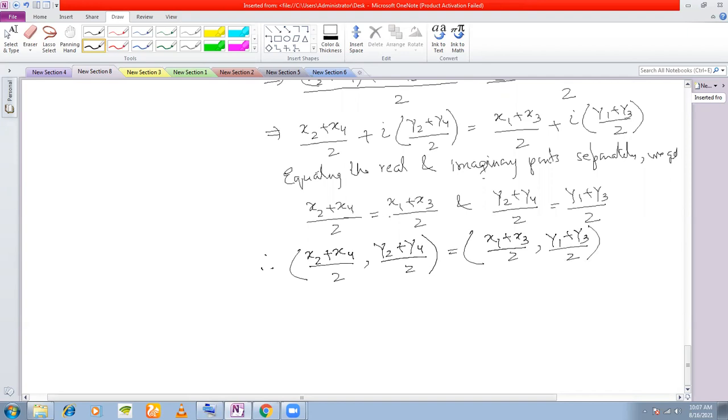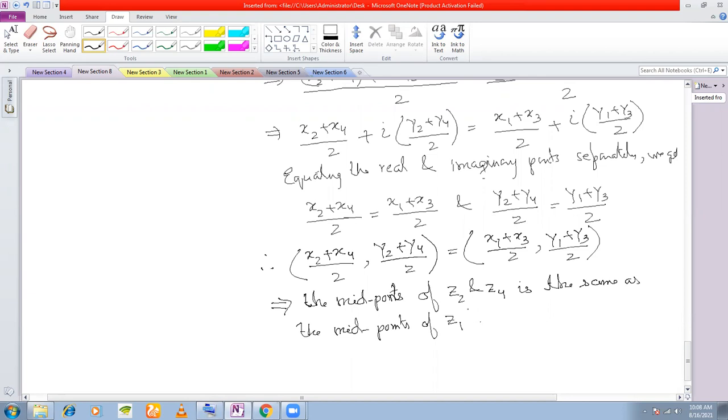If these two are equal, that means the ordered pairs must also be equal. What can you say? That means the midpoint of Z2 and Z4 is the same as the midpoint of Z1 and Z3 in the Argand plane.